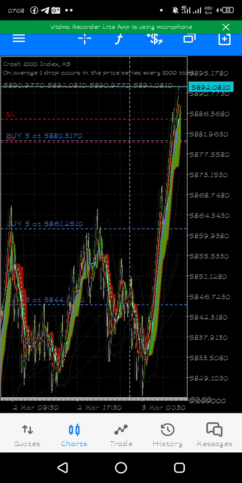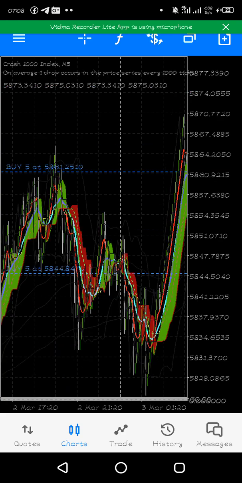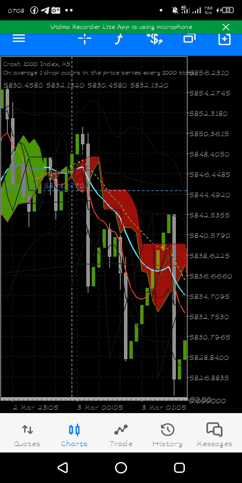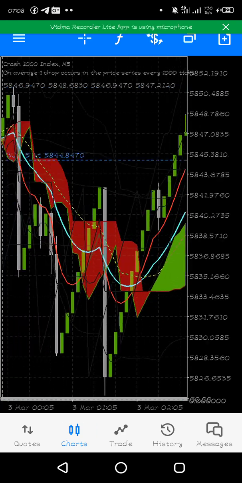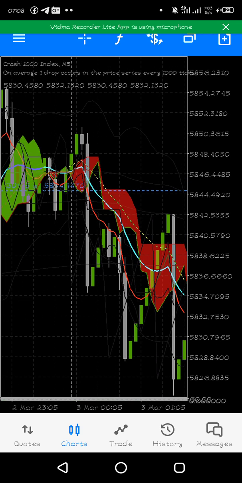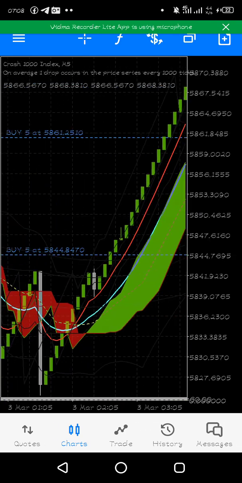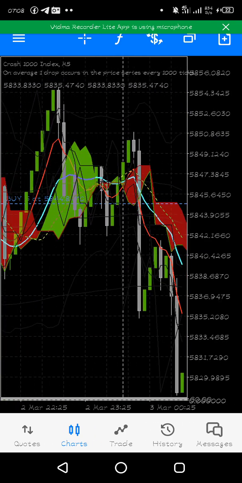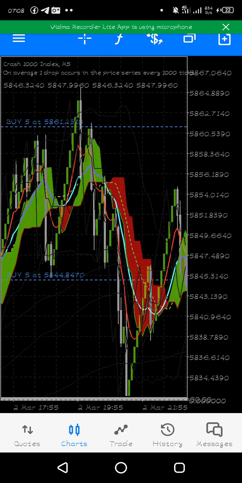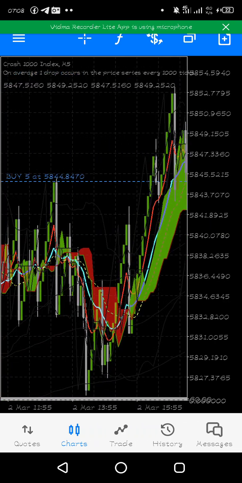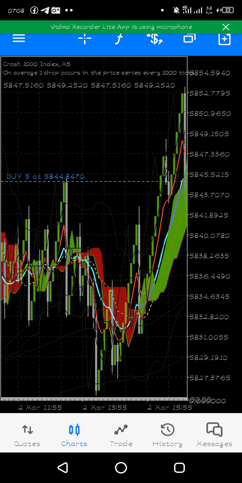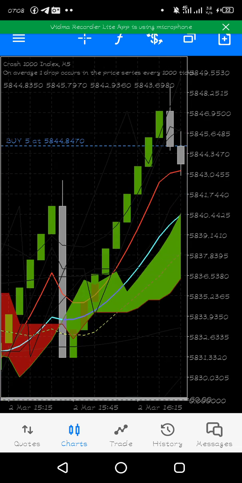Now, I already have my settings here. I'm zooming out to let you see. So I'm using Crash for the purpose of people who think that my strategy only works on 75. So that's why I'm trying to take this Boom and Crash, or this Crash pair.